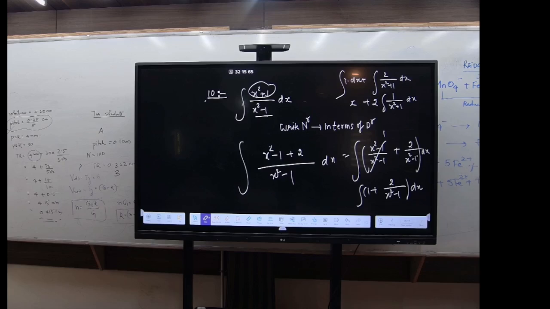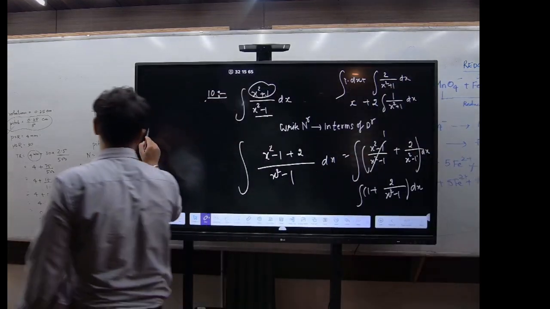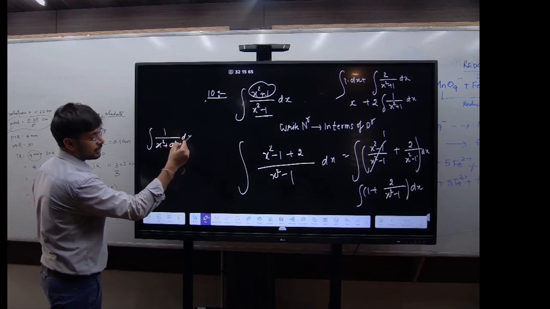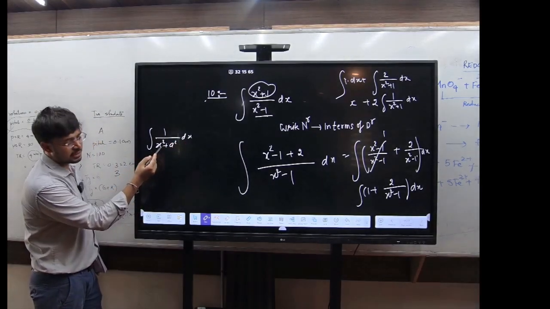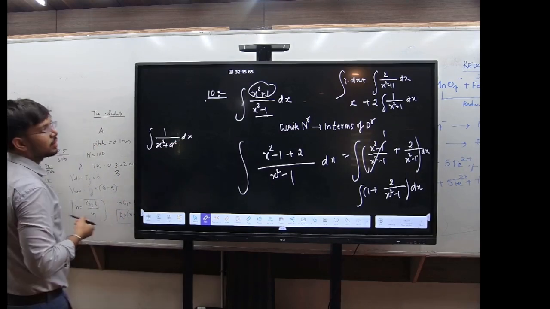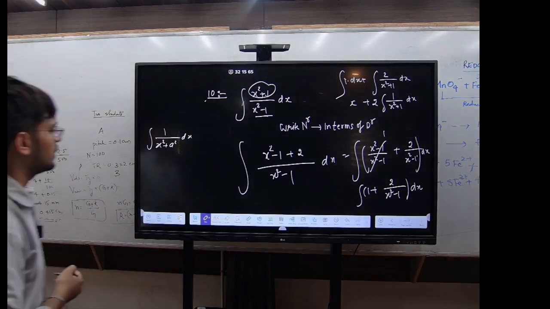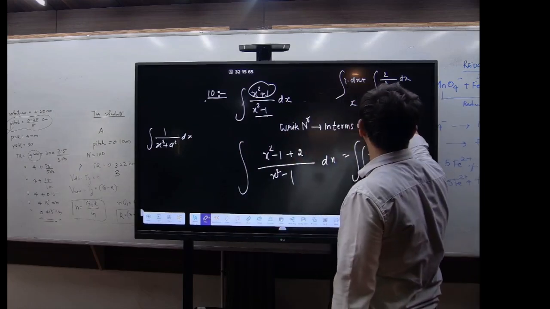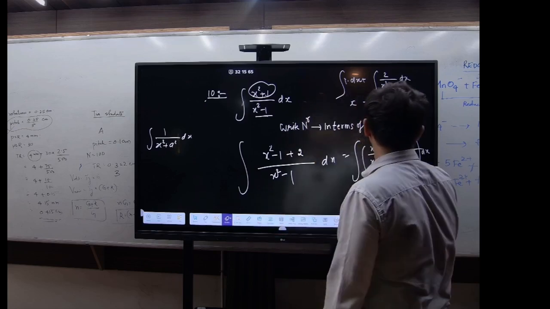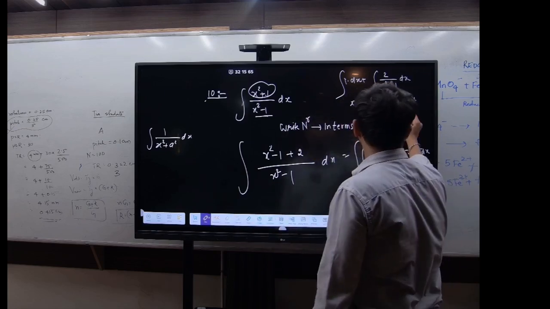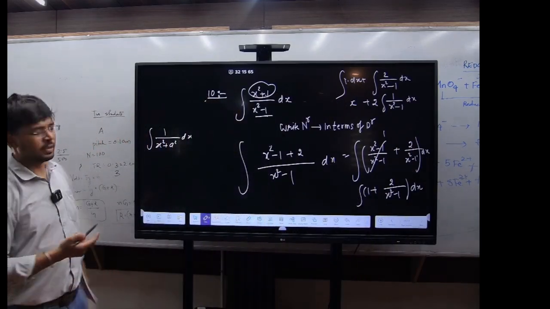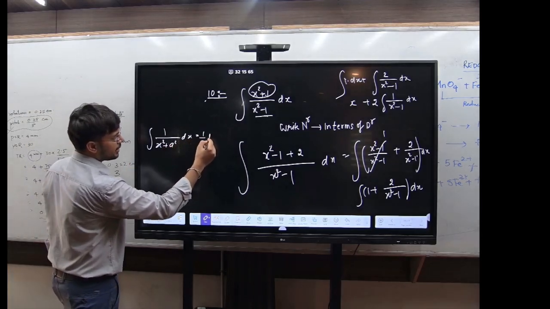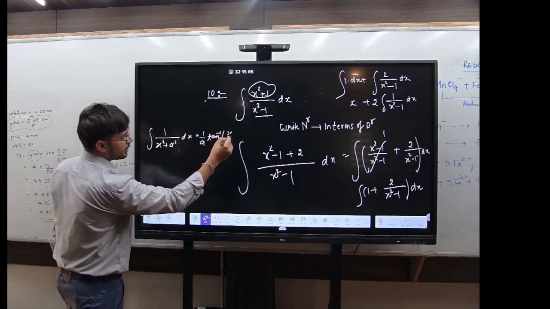Done. There is one formula that I'll tell you, which you should remember. Integration of the x square plus a square format. Whenever in the denominator it is 1 by x square plus a square, this formula is 1 by a tan inverse x by a.